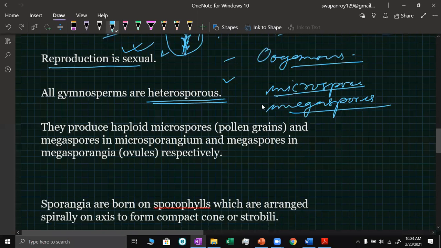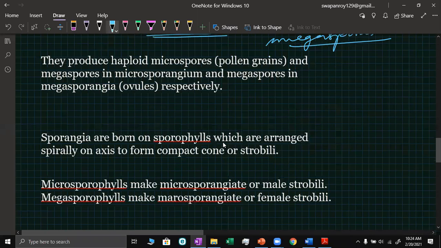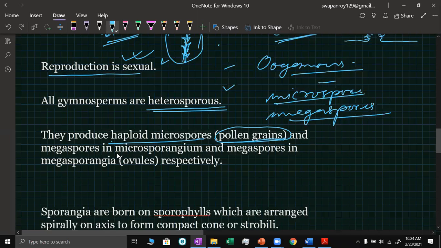The microspore is haploid and is produced in the microsporangium, which is the male part, and the megaspore in the megasporangium.